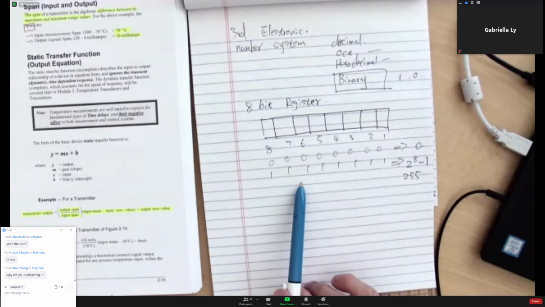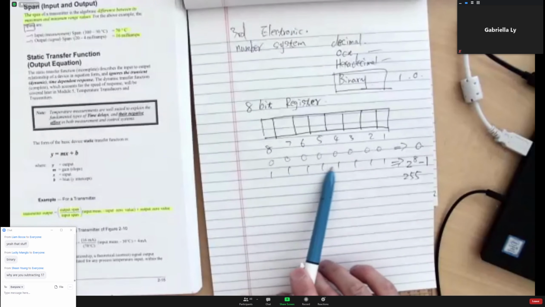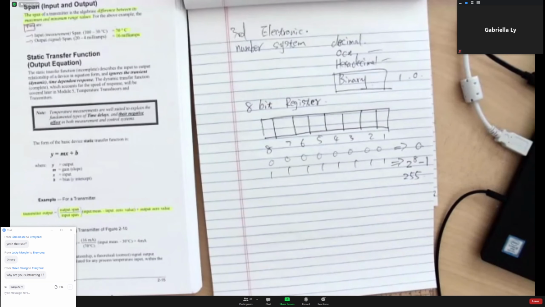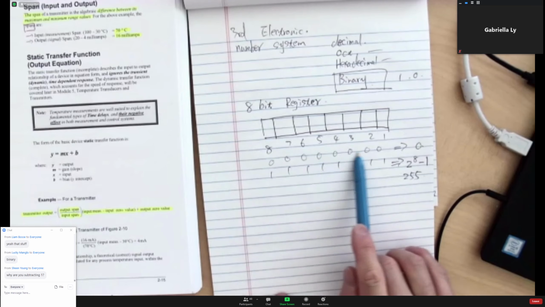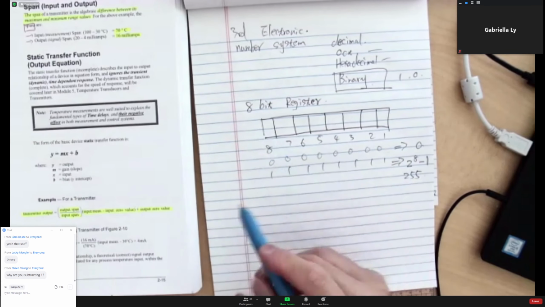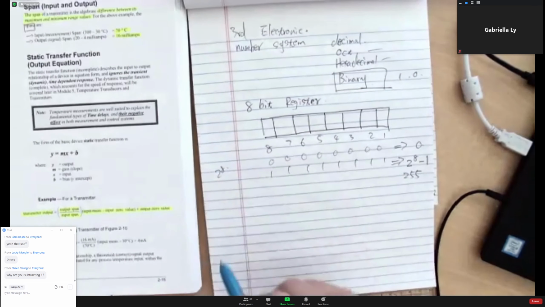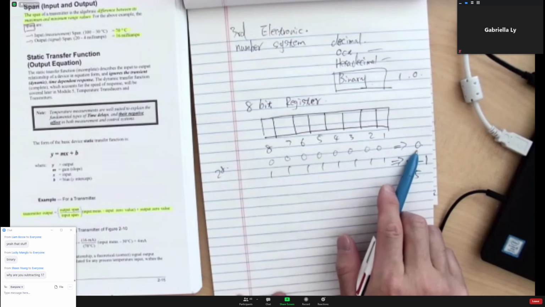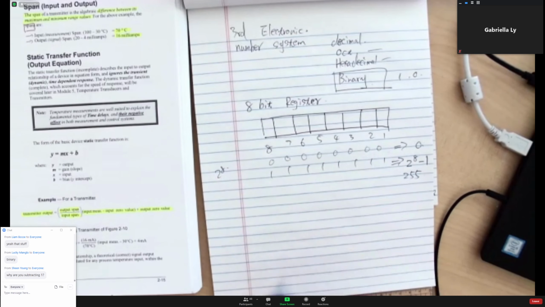Why do I subtract 1? Because the last number is all 0. The count of numbers you can have is 2 to the power of 8, but the minimum number is 0. That's why I subtract 1.